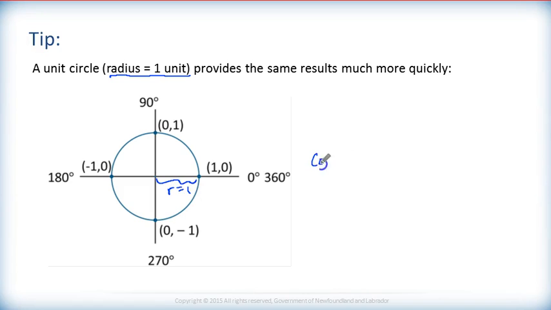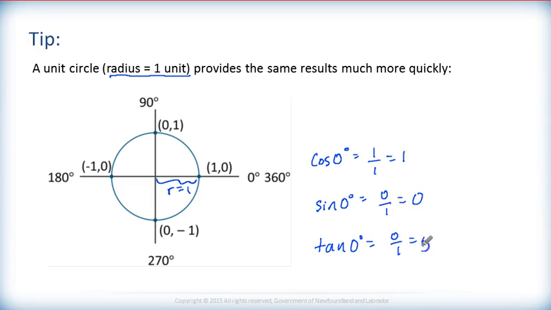So the cosine of 0 degrees according to this would be the x value over the r value, 1 over 1, which is 1. The sine of 0 degrees would equal 0, the y value over r, which is 0. The tan of 0 degrees would equal y over x, which is 0 divided by 1, which is 0.